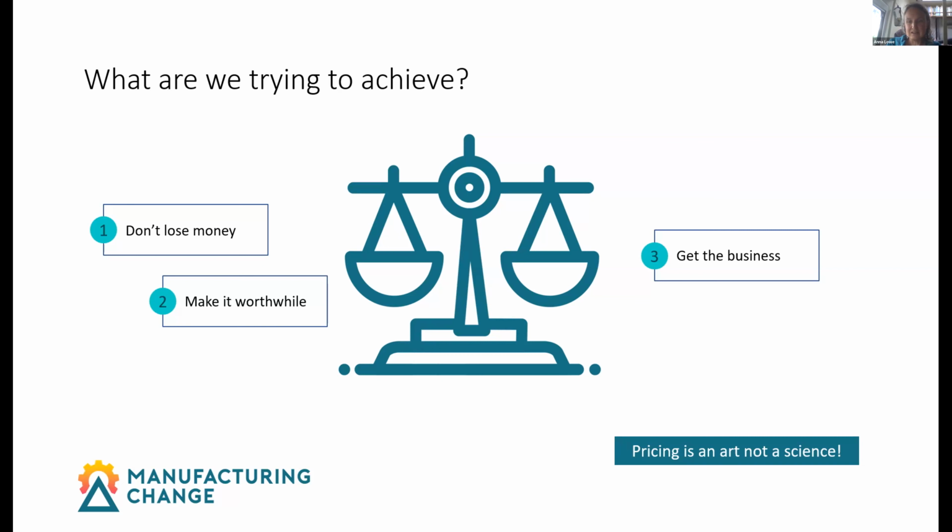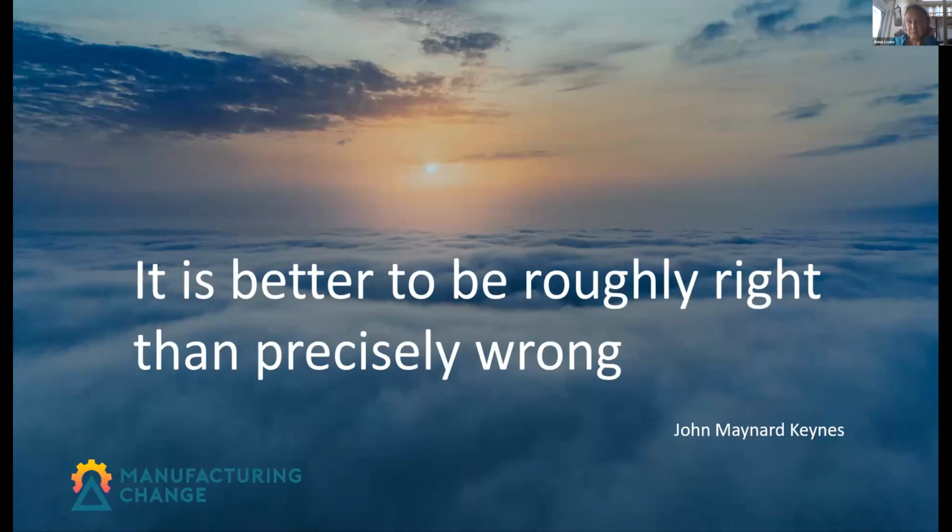And in line with that, my slides aren't moving on, just a second. There we go. Here's a quote from John Maynard Keynes, the economist, that I think is useful in many areas of life, but definitely when it comes to working out how to price things. It's better to be roughly right than precisely wrong.